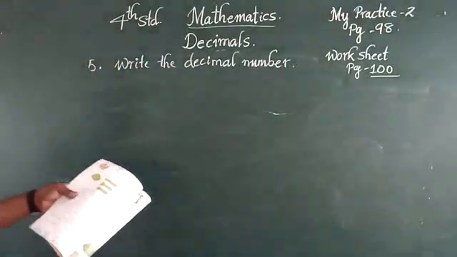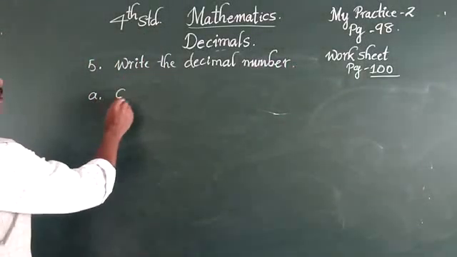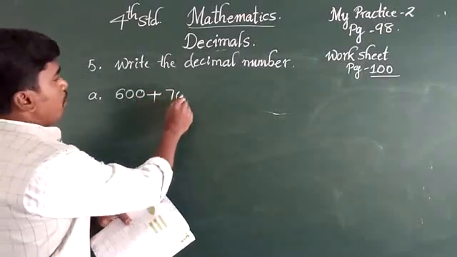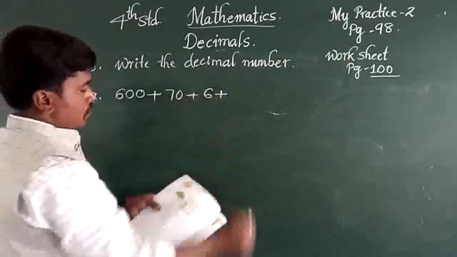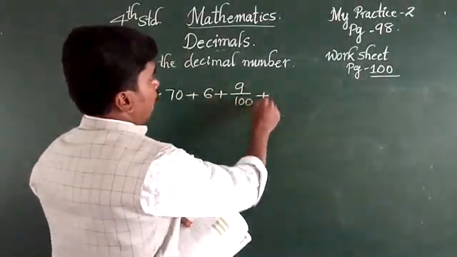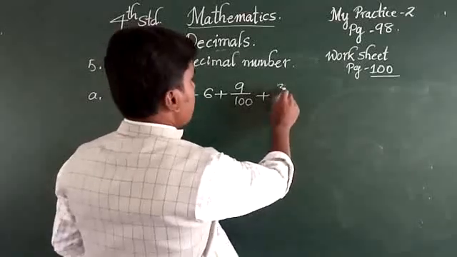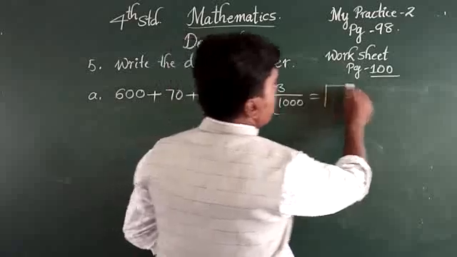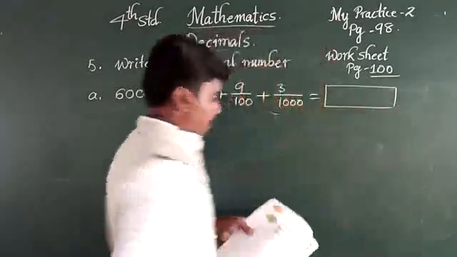See here, the first one is 600 plus 70 plus 6 plus 9 by 100 plus 3 by 1000. So here you need to write the decimal number.